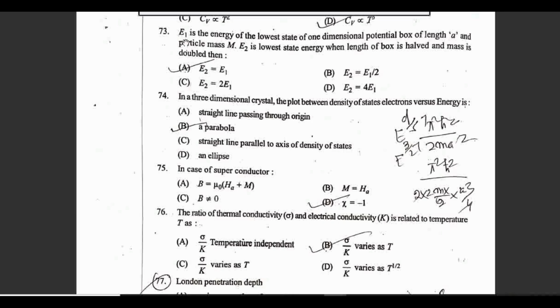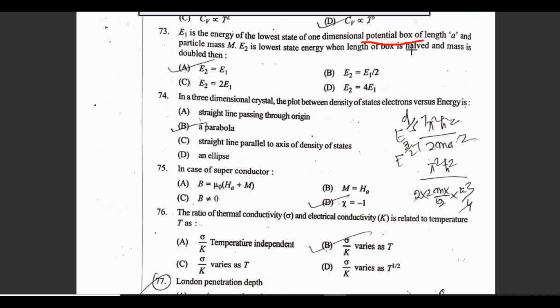You see that in this problem there is no mention of what kind of potential box this is. It is only mentioned that it is a potential box. As the kind of potential box is not mentioned, whether it is symmetric or asymmetric, you have to assume that this is an infinite potential box, of length 0 to a.